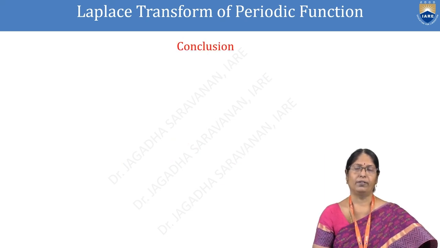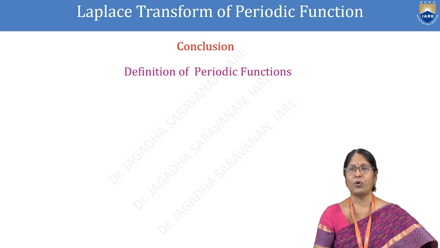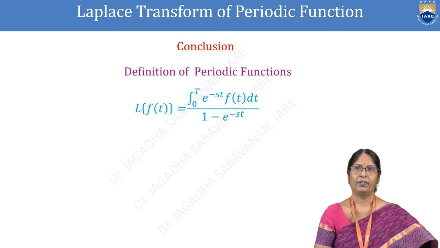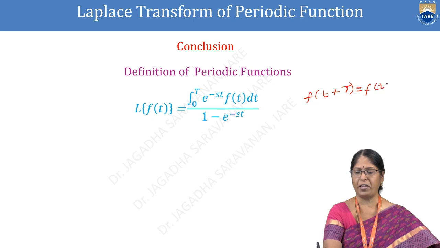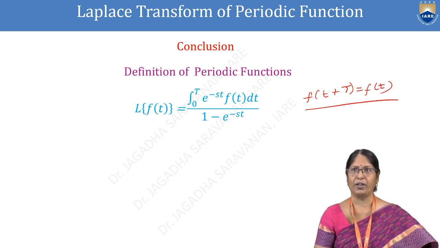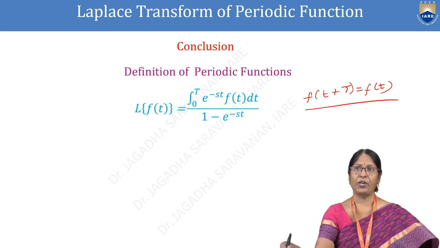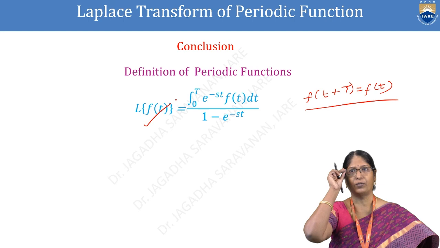The conclusion. First, we discussed the definition of a periodic function: f of t plus capital T equals f of t. This is the definition of a periodic function. If it is a periodic function, then we apply the Laplace transform.